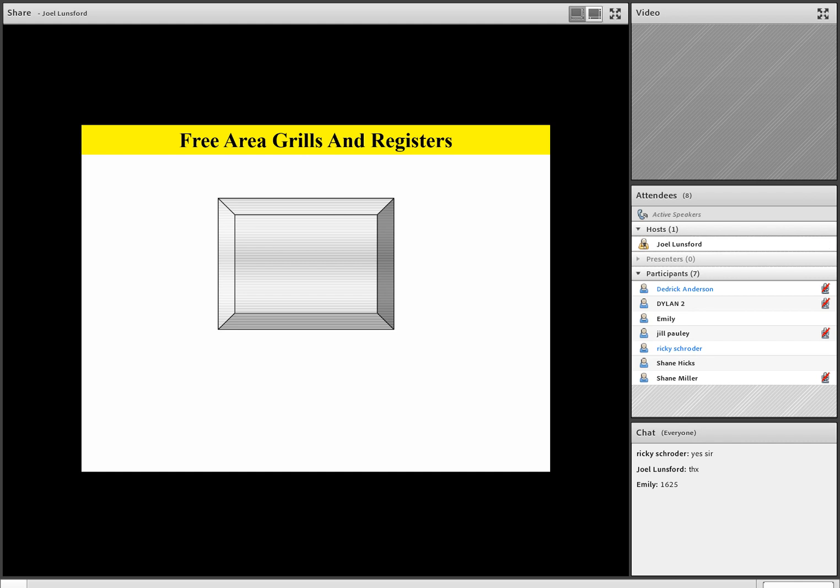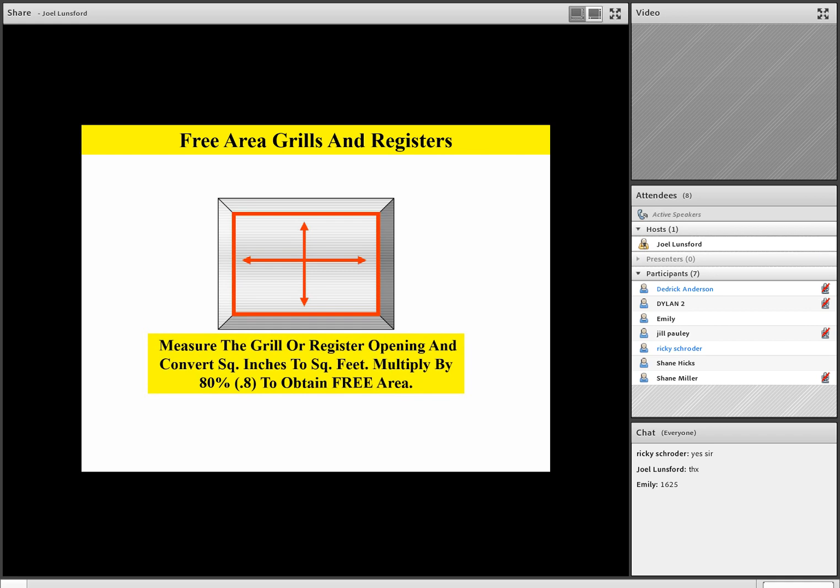So to find the free area of a grill or a register, you're going to measure the grill or register opening and convert to square inches, just like we did before to square feet. So we measure the opening where the air can actually move through that grill or register.